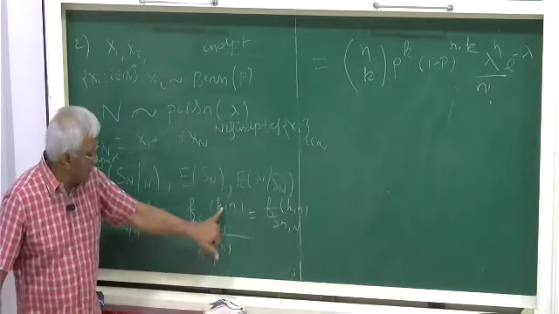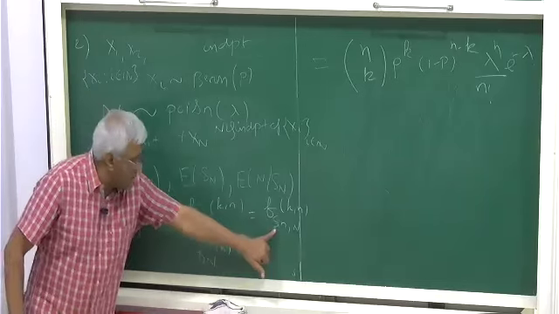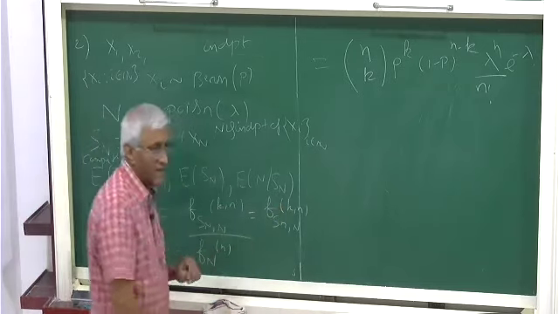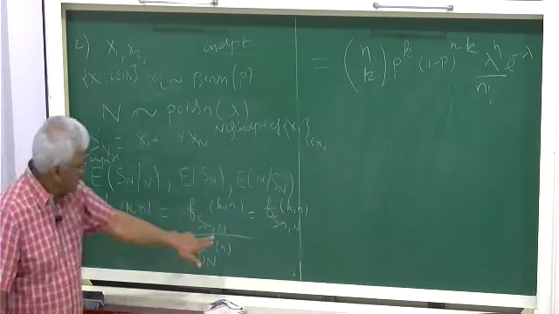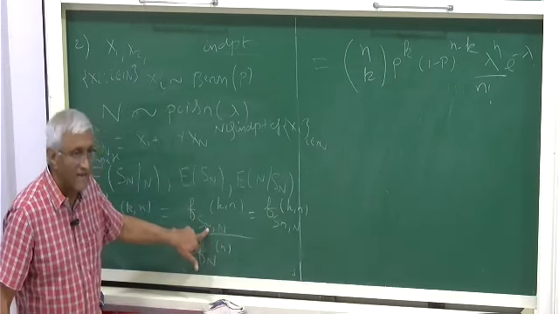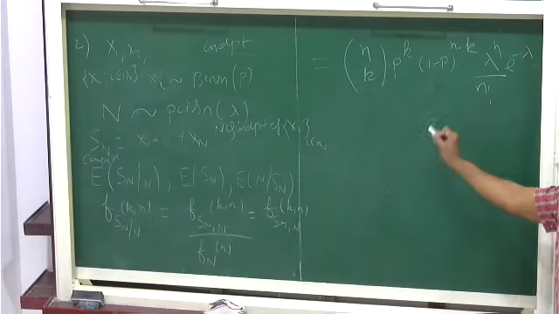This is just Sn equal to k, n equal to n. When you assume n equal to n, this capital N becomes small n. That's what I have written. Then I take the product and write it like this.